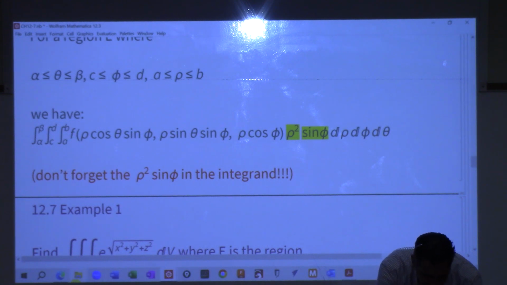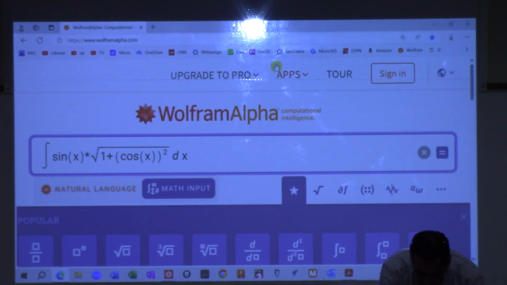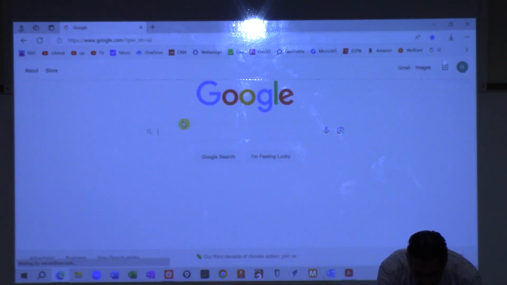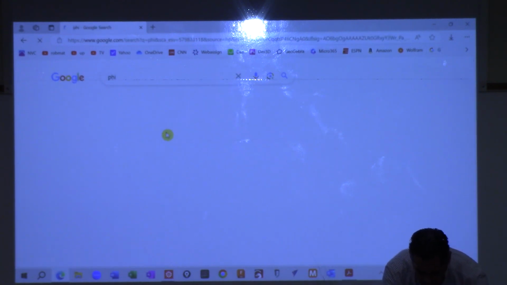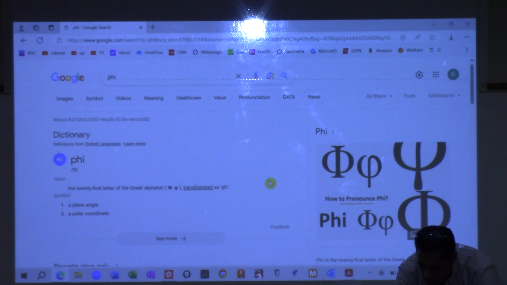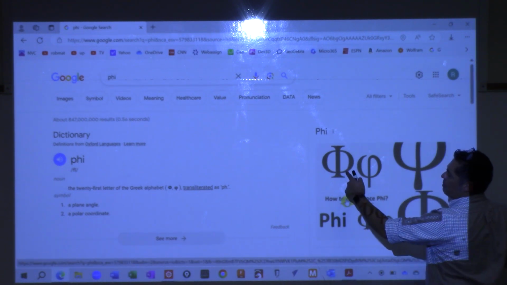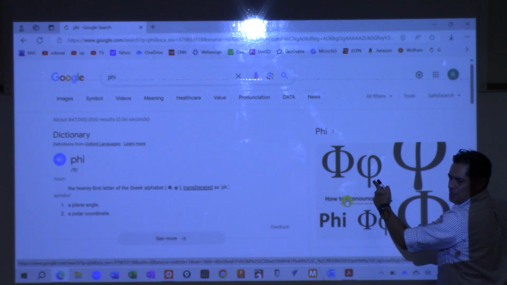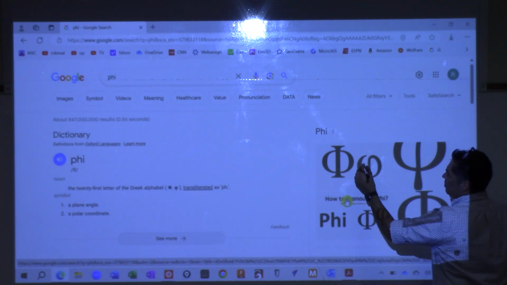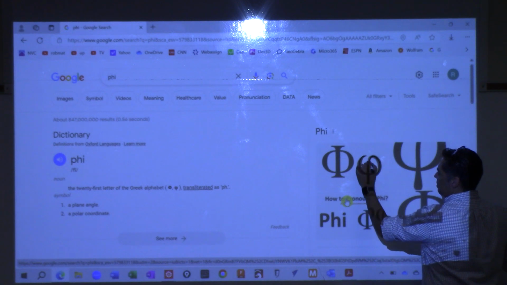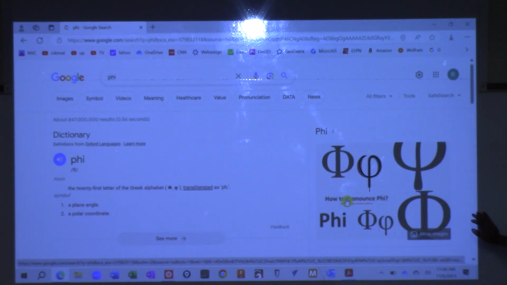I don't like the way this computer does phi, but I don't get to choose. See it right here? That's lowercase phi, the Greek letter. So it's like this.